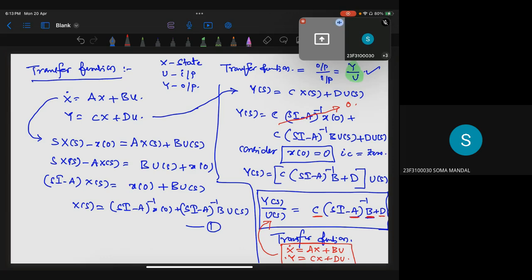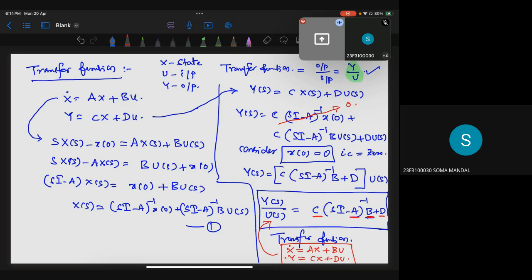That's the meaning. Given ABCD matrices, you can do all these calculations. Okay, we'll stop here and continue the same thing in the next class.